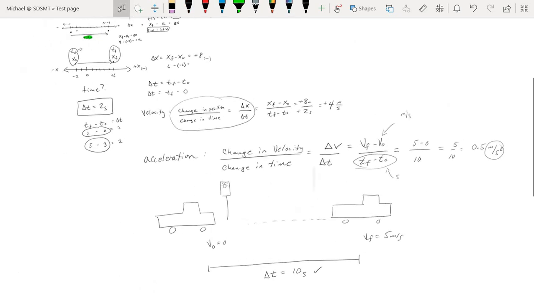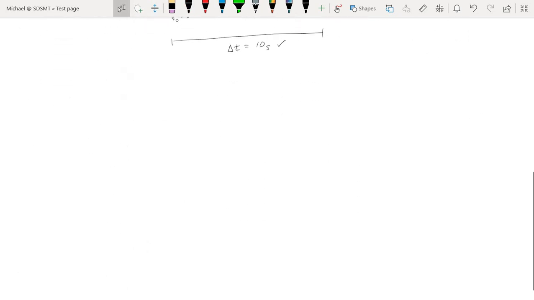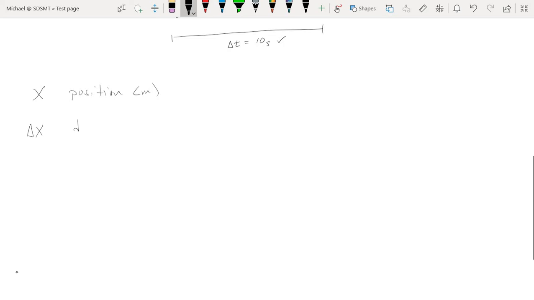So we have all these terms, most of which we've heard of at some point or another. So we have x for position in meters. We have delta x for displacement, also in meters.